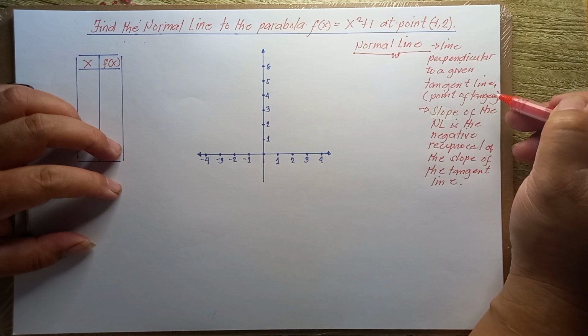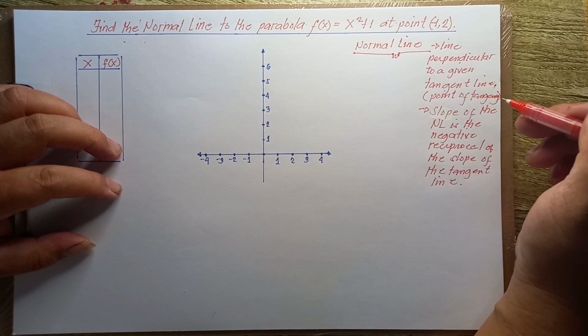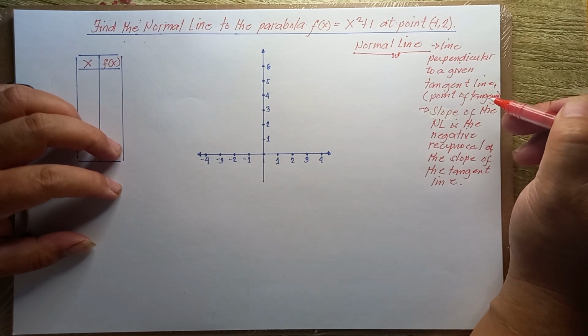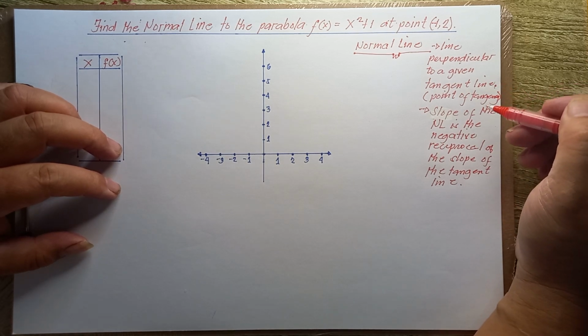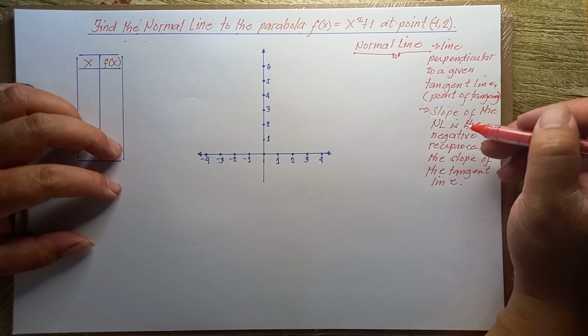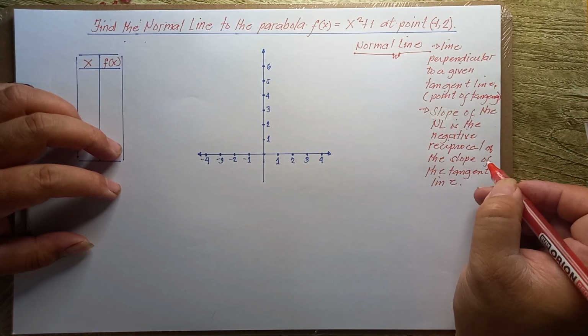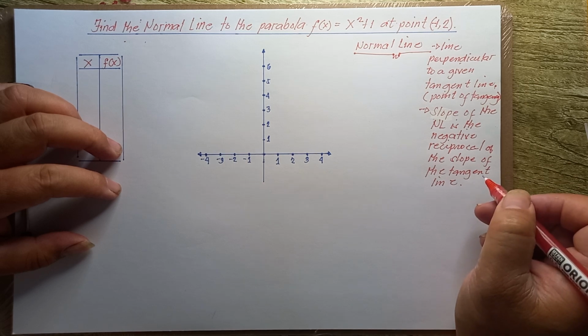Of course, it is located at the point of tangency, or the intersection of the normal line and the tangent line is at the point of tangency. Another one is the slope of the normal line is the negative reciprocal of the slope of the tangent line.